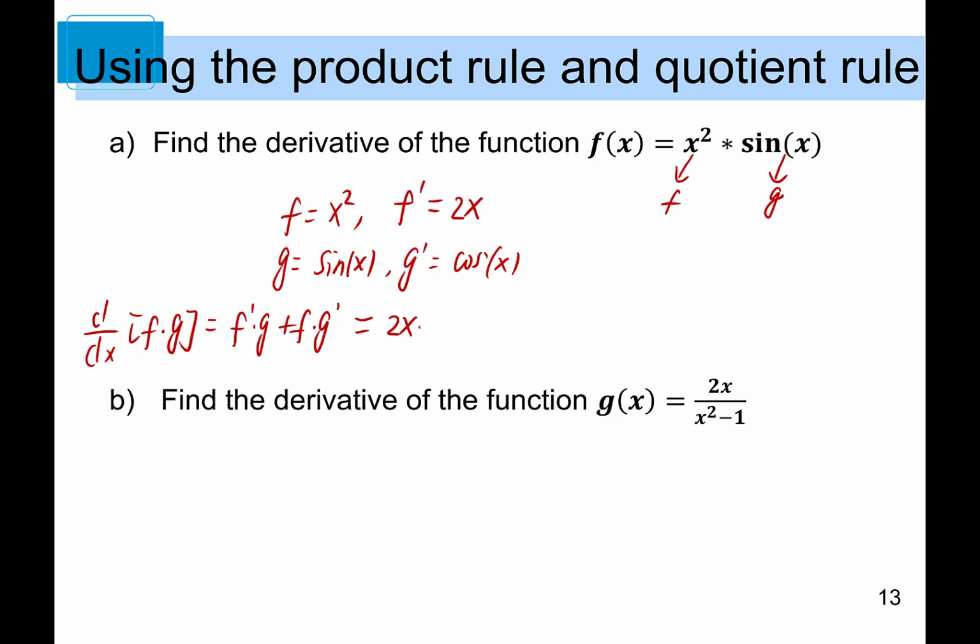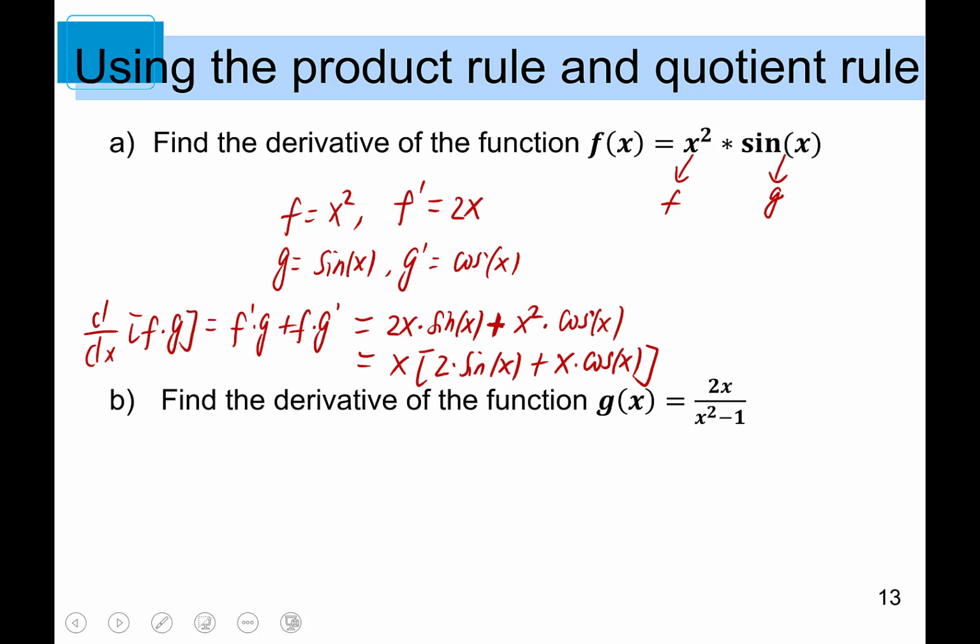F prime is 2x times g, sine x, plus, always plus for the product rule, f, which is x squared, times g prime, which is cosine x. You can leave it like that, or you can factor out x, so it becomes x times (2 sine x plus x cosine x). Okay, so that's going to be the final answer.